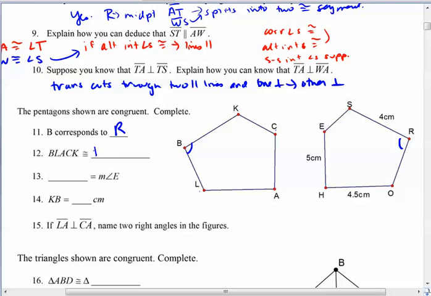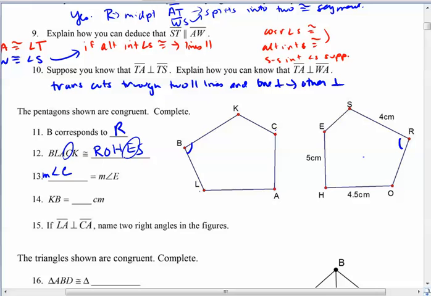So that would be ROHES. What would match up to angle E then? Well, angle E is fourth, angle C is fourth. So the measure of angle C is equal to the measure of angle E.